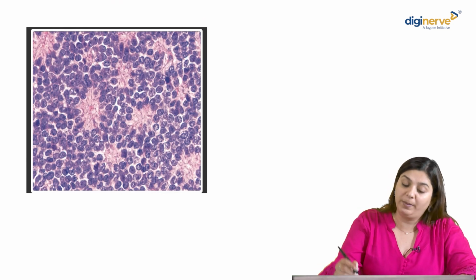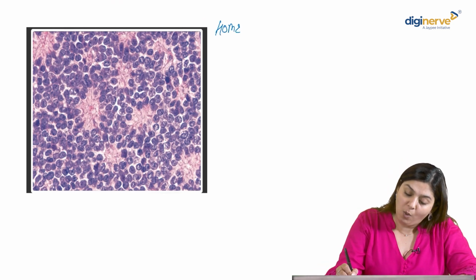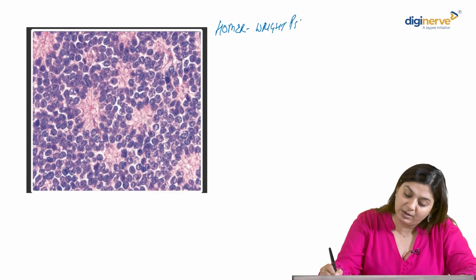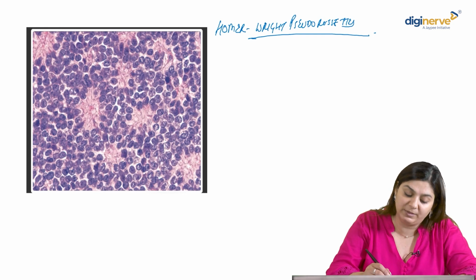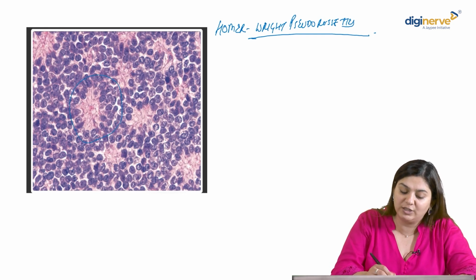Now microscopically you see Homer Wright pseudo rosettes. Why pseudo rosettes? Because in the center, this pink neurofibrillary material is present, surrounded by, can you see, like a floral arrangement?